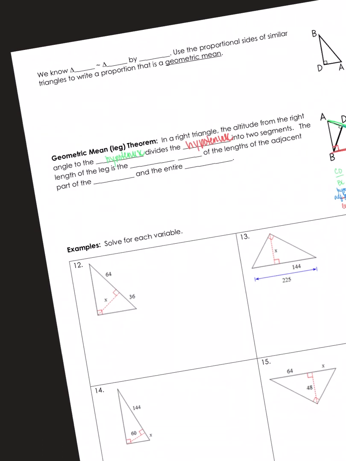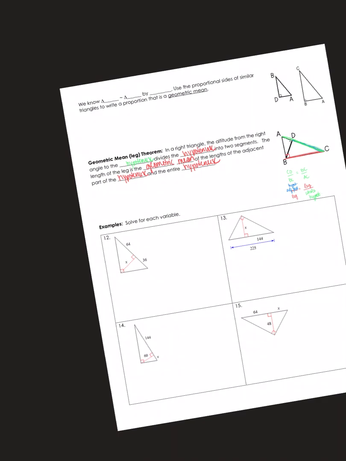The length of the leg is the geometric mean of the lengths of the adjacent part of the hypotenuse and the entire hypotenuse.